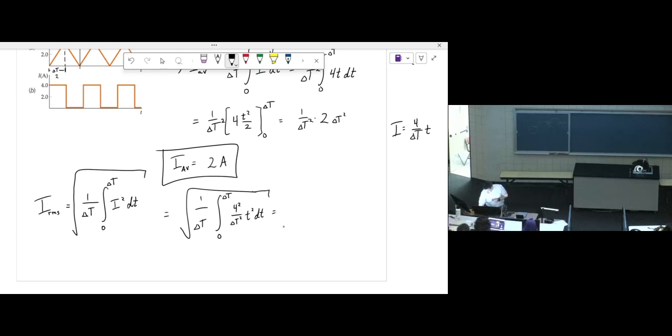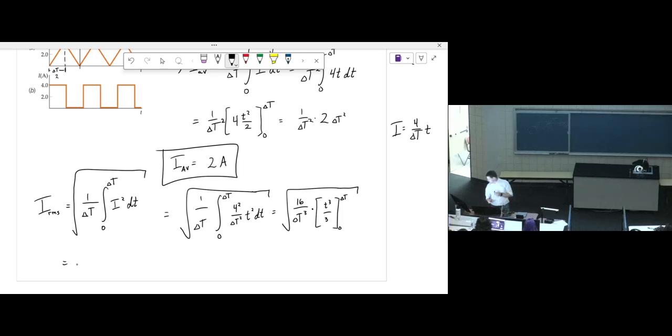Or that's equal to the square root of 4 squared is 16 over delta t squared is delta t cubed times t cubed over 3 evaluated at 0 and delta t.